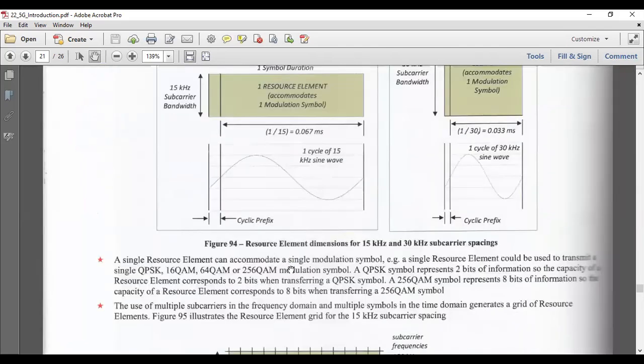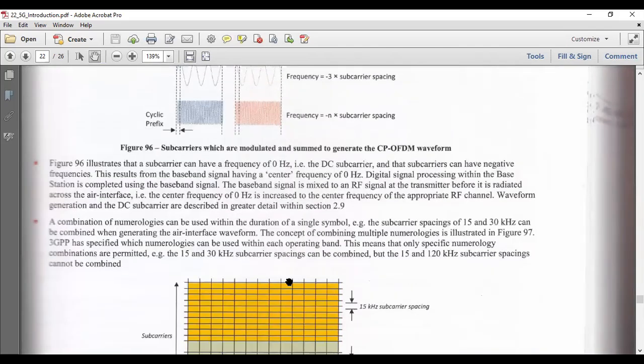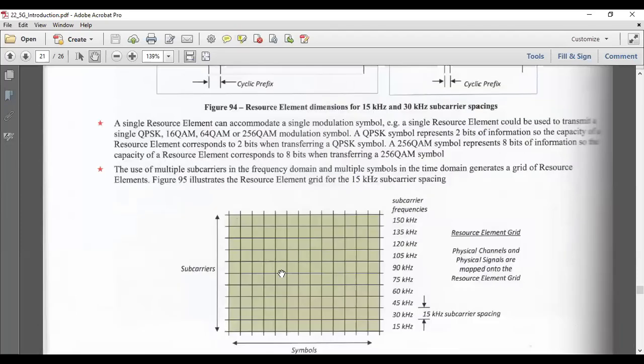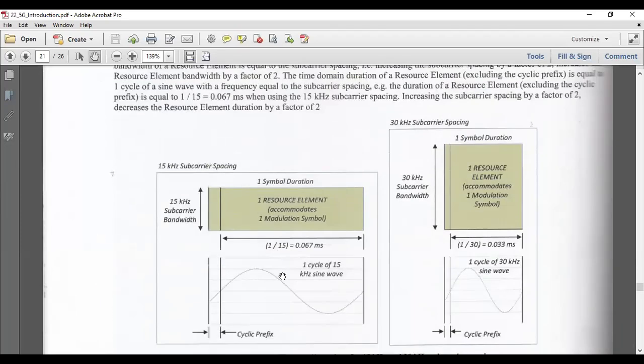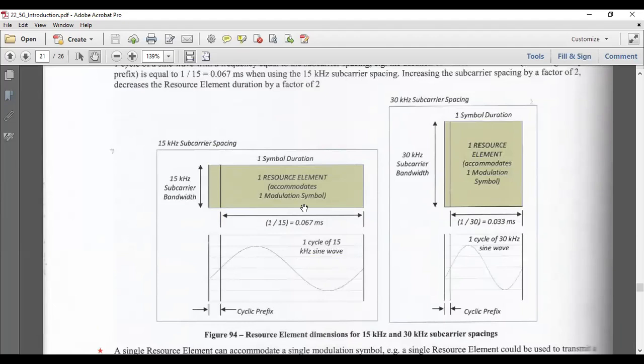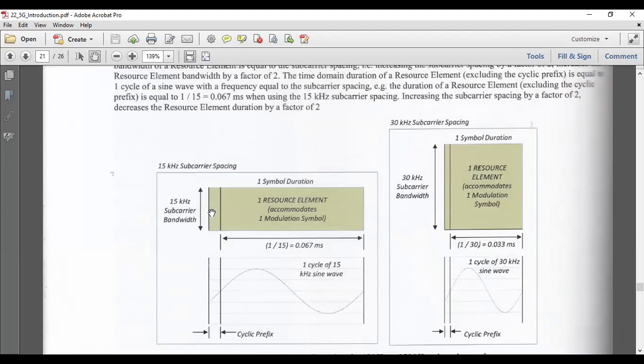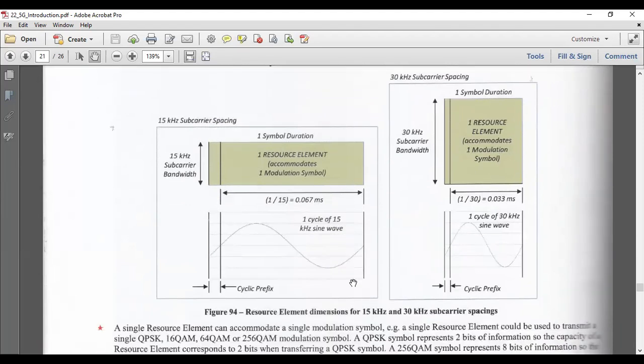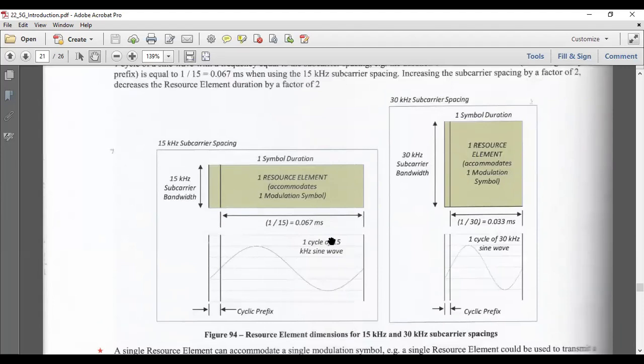So for the two cases, as shown here, in the time frequency grid, you actually occupy the same space. For one resource element, along the frequency axis it is 15 kilohertz, and along the time axis it is 0.067 milliseconds.